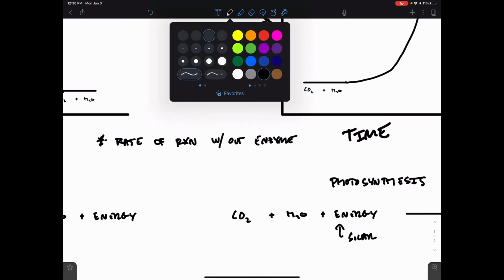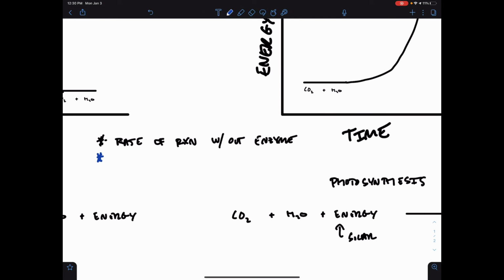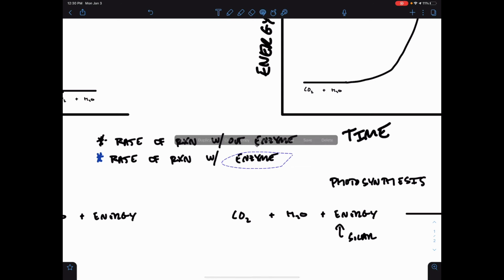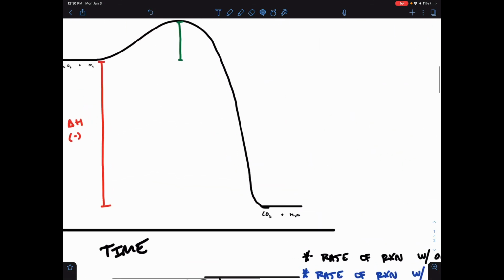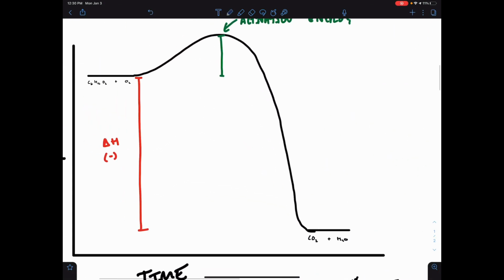my blue curve is my rate of reaction with the enzyme. Okay, and I'll show that here on the graph. So with my enzyme, my reaction is going to look something like this.